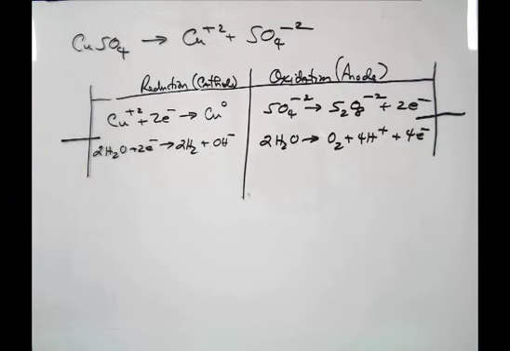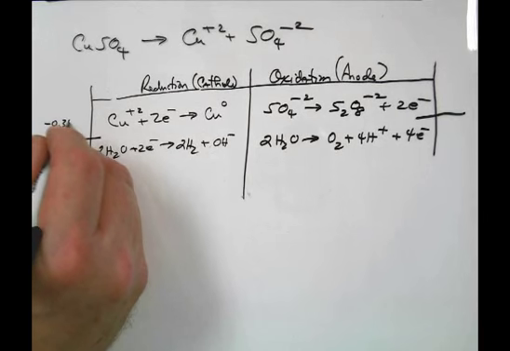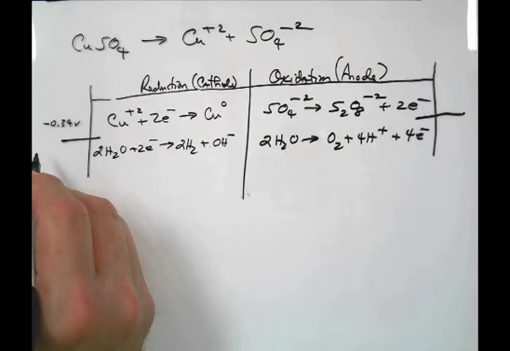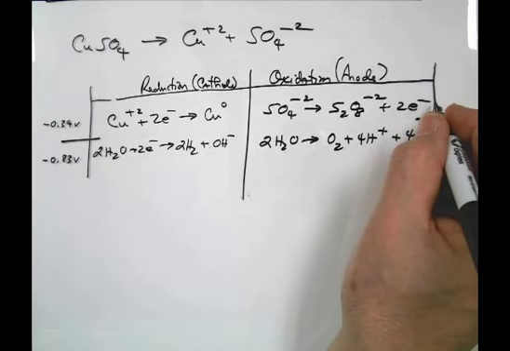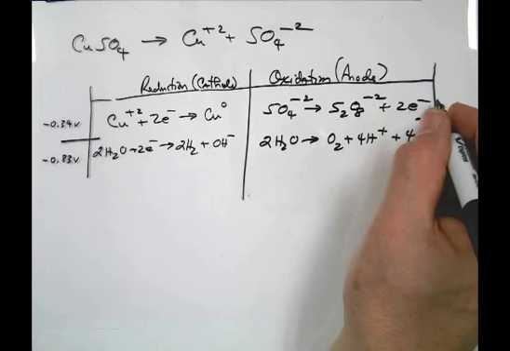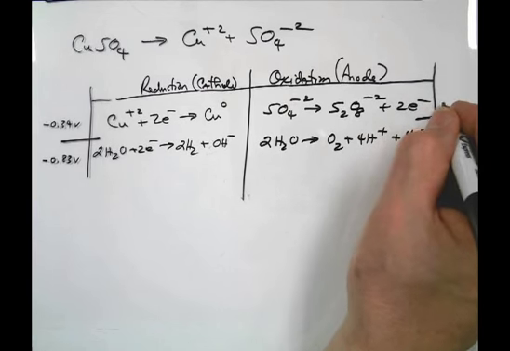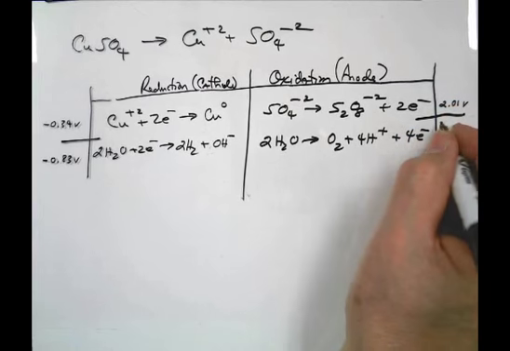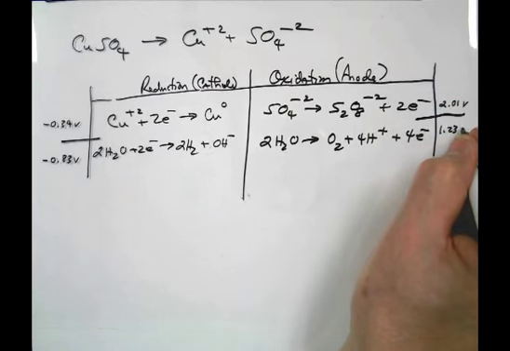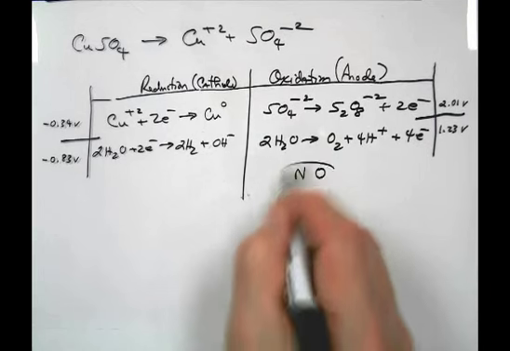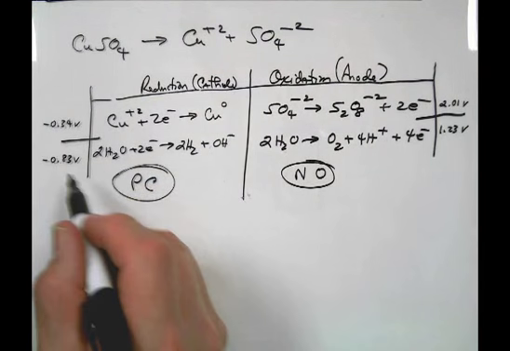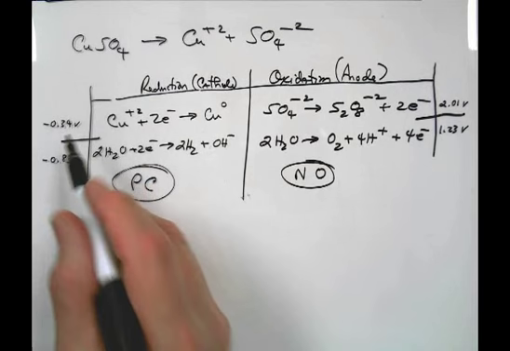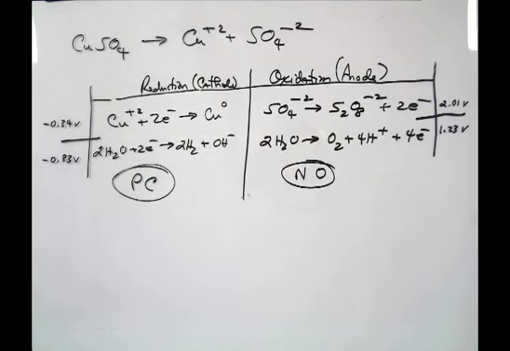The copper is a minus 0.34 volts, and water is still minus 0.83 volts. Your sulfate is 2.01 volts plus, and the water still 1.23 volts. So it's NO and PC that dominate. So in here, look at this. In this case, the more dominant reaction is the copper.